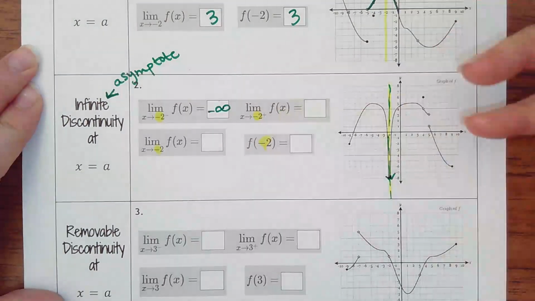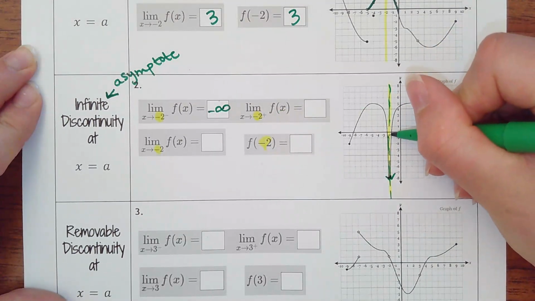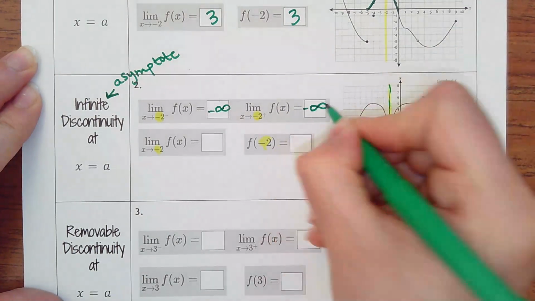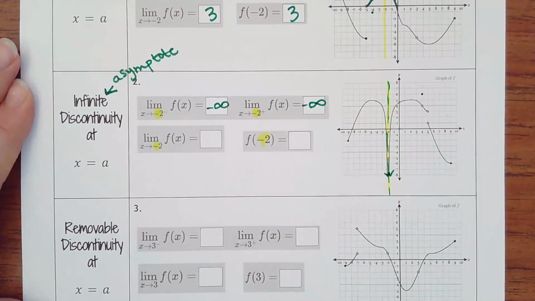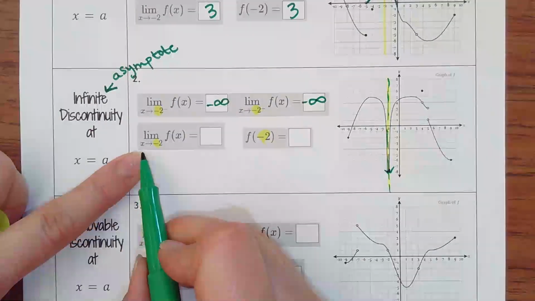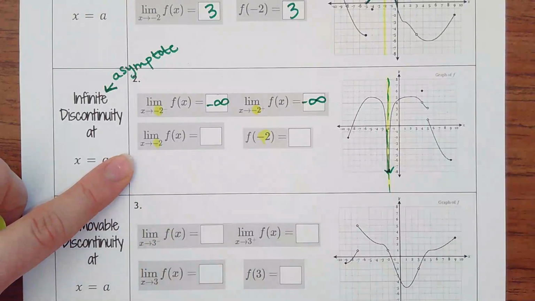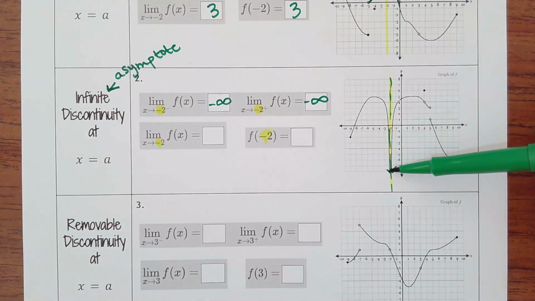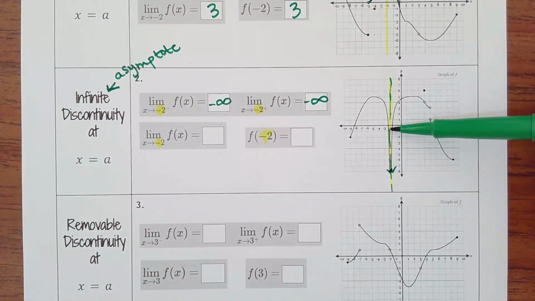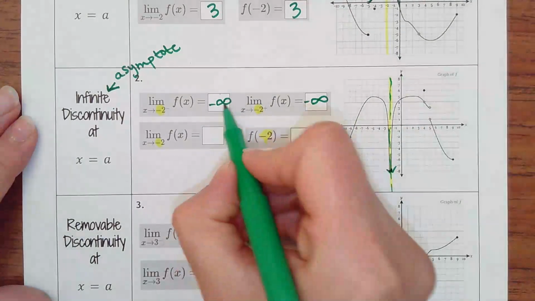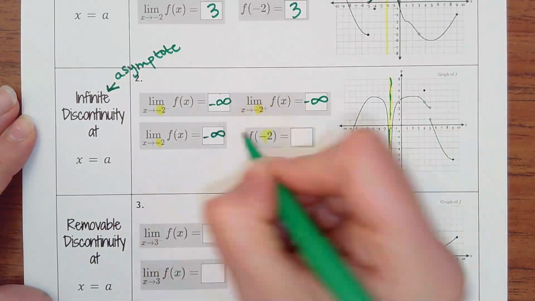If I approach -2 from the right, I follow this end, and I'm also going down forever. My y's are getting more negative, so I put -infinity. Then for the limit as x approaches -2 in general, since both ends are going down and these match, the limit is -infinity.